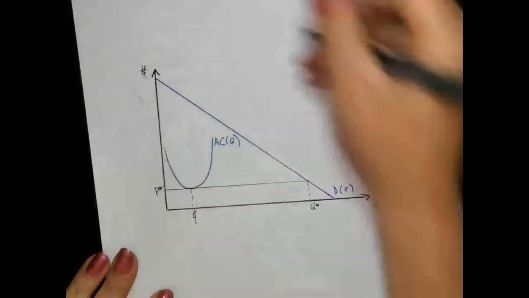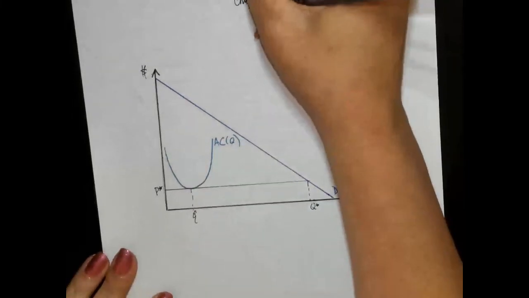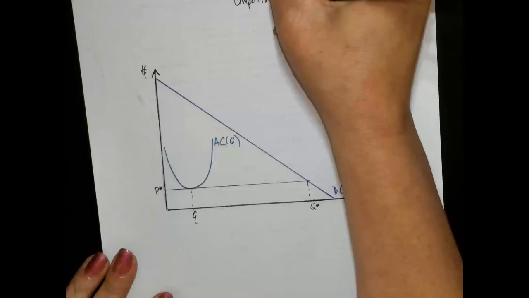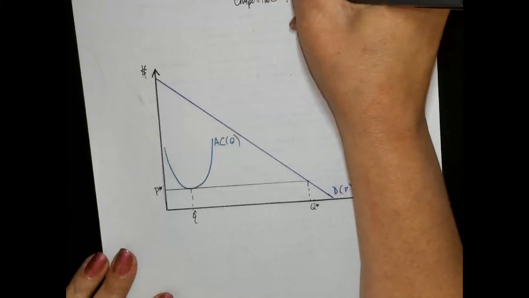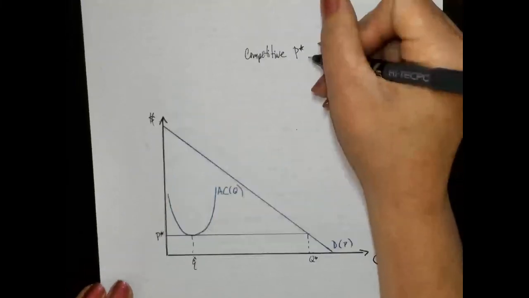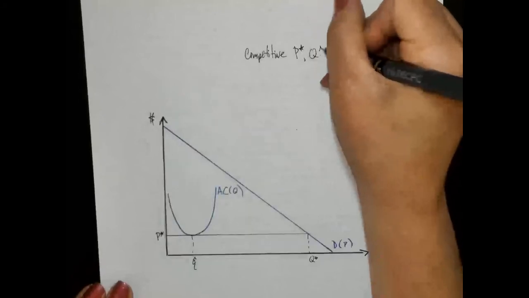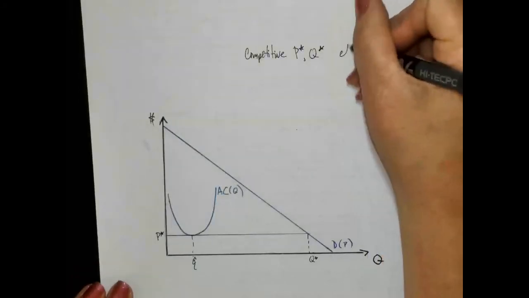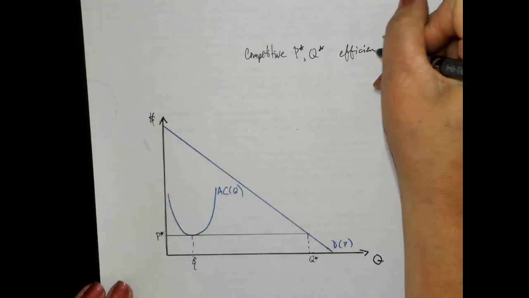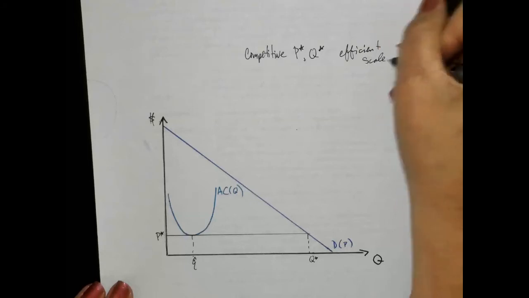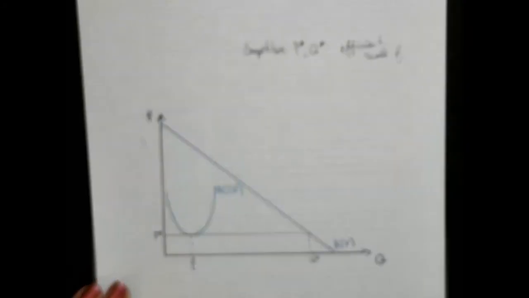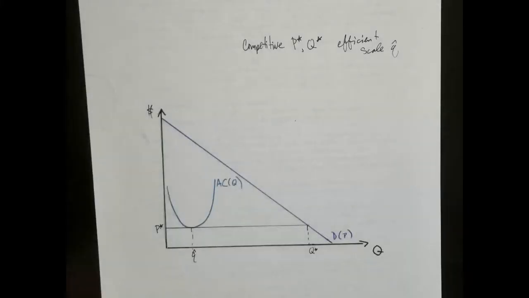So our competitive price is P star, our competitive quantity is Q star, and efficient scale occurs at Q hat. So far, so good.